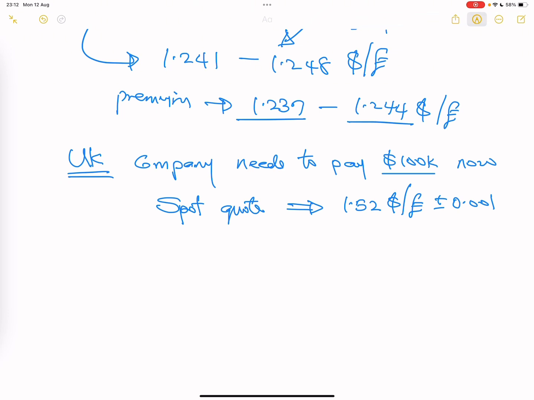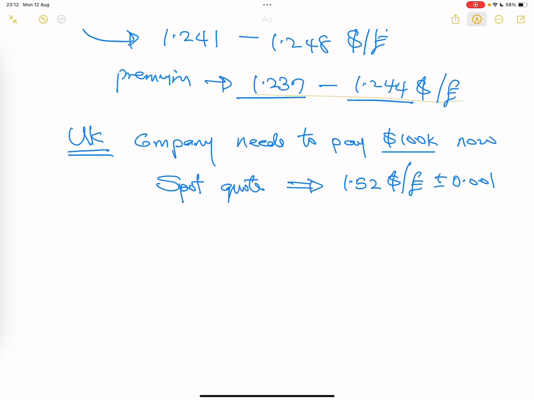Now, I'm trying to give you a standardized way of approaching your questions. The first thing is to get your standard quotes. If you are lucky and they give them to you, you can skip this step. But unfortunately, they didn't give you a standard quote. They gave it in a spread format.